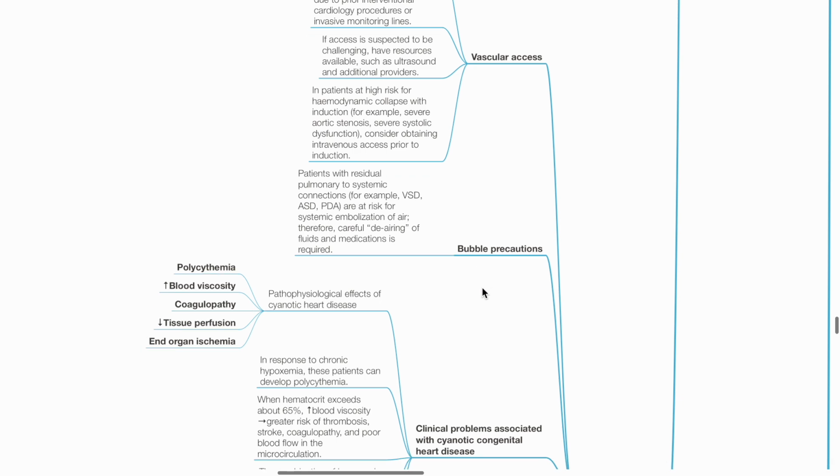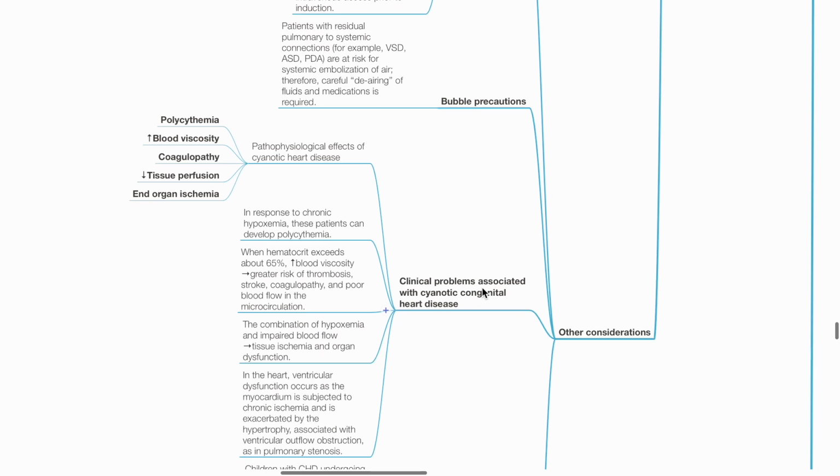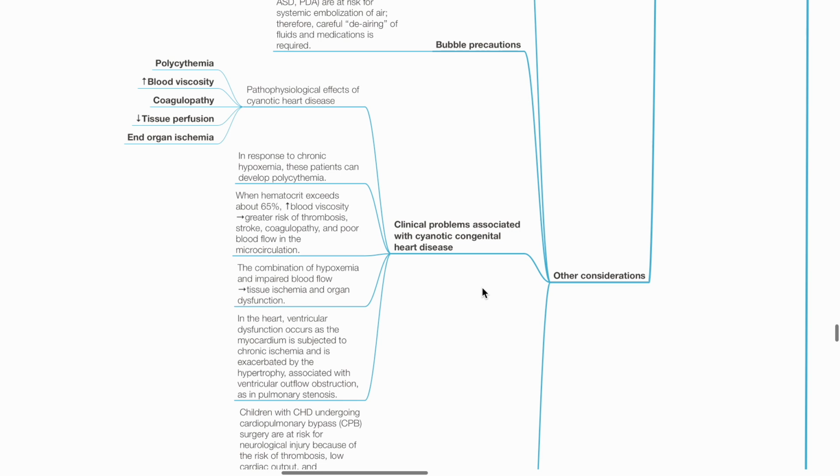Clinical problems associated with cyanotic CHD include polycythemia, increased blood viscosity, coagulopathy, reduced tissue perfusion, and end organ ischemia. In response to chronic hypoxemia, these patients can develop polycythemia, with hematocrit exceeding 65%.